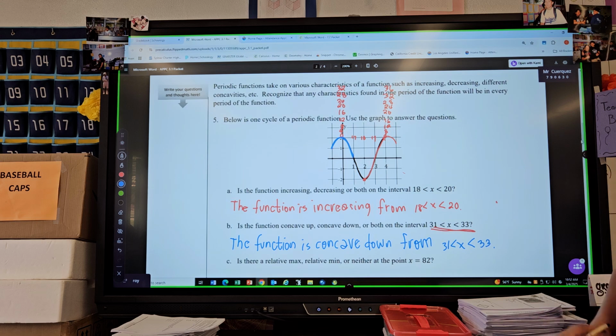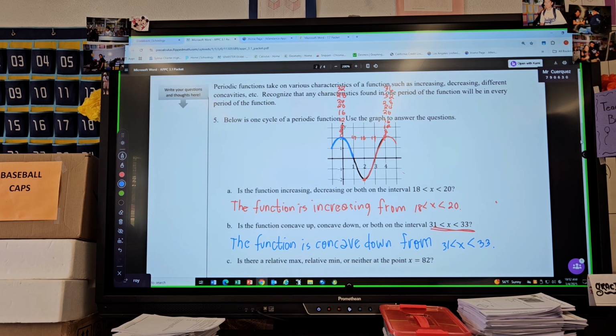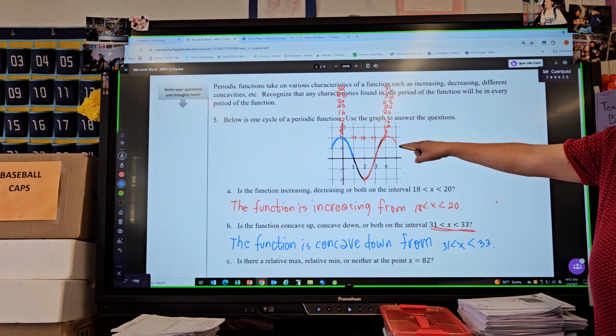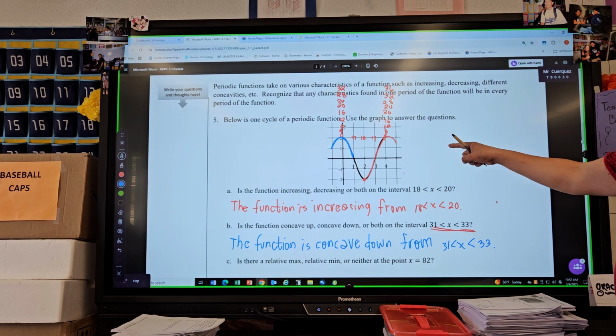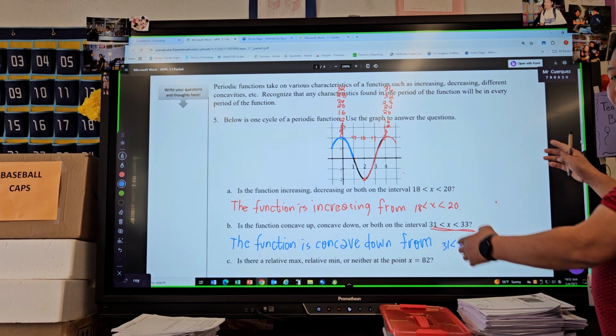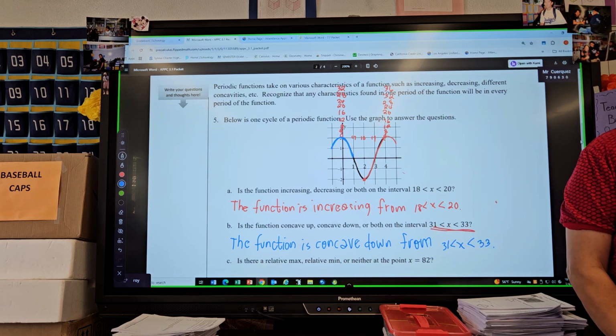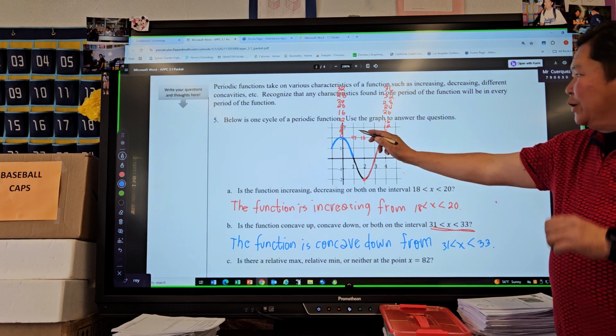This is how you write the justification. Okay? You don't have to keep doing this way because we only have limited space, right? So just do it this way.